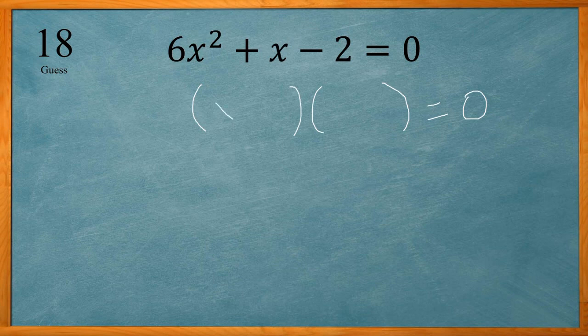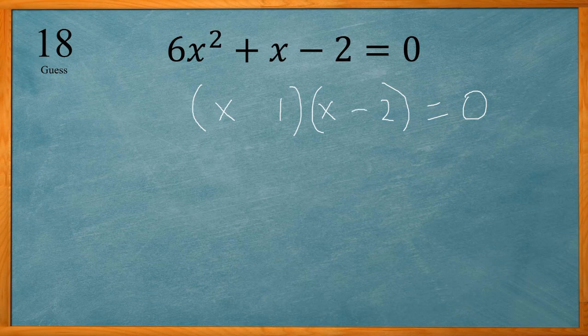So I know I need an x and an x. And then I know that to get the -2 here, I have to multiply two numbers together. That has to be 1 and 2, and one of them has to be negative. So let's just assume that this one's negative.